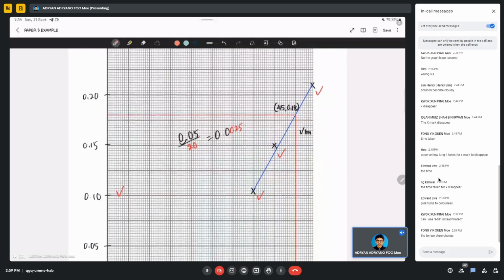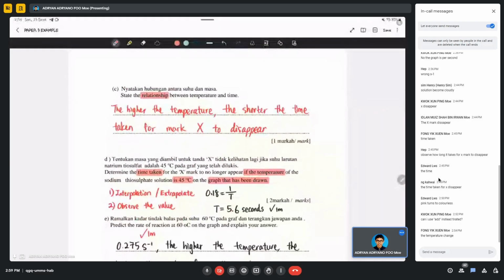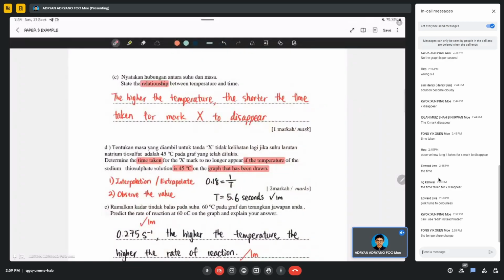This is the technique for graph. Then whenever they ask for relationship, you just follow your theory.